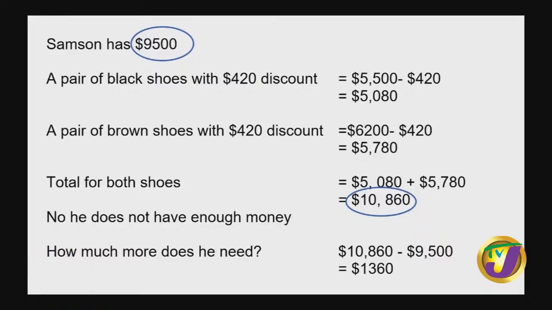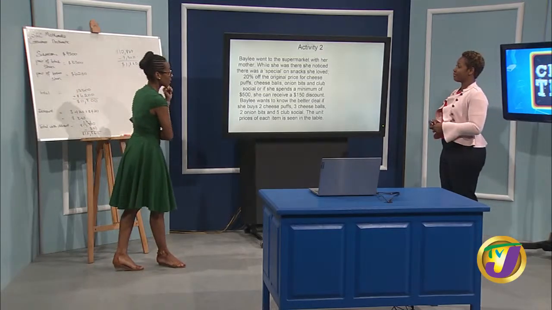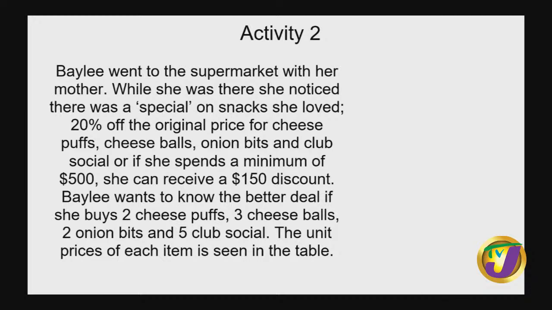So we can look at another activity. Bailey went to the supermarket with her mother. While she was there, she noticed there was a special on snacks she loved. 20% off the original price for cheese puffs, cheese balls, onion bits, and Club Social.